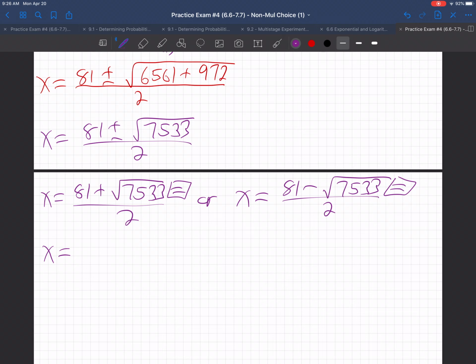So I got x is 83.8964, on and on it goes. And the other one, I got negative 2.8964.